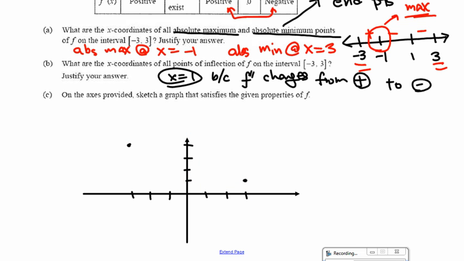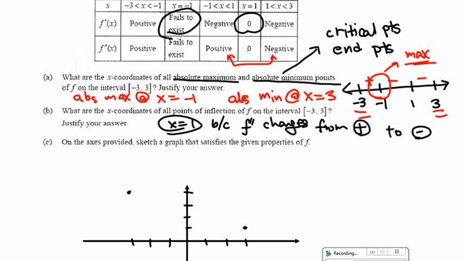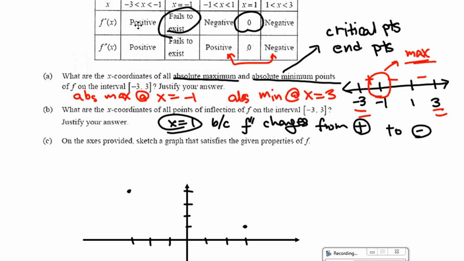Between negative 3 and negative 1, both of them are positive. That means it has to go up, but it's concave up. So when you look at the positive concavity, which looks like this, and then where f prime is increasing, that means we are looking at this portion.